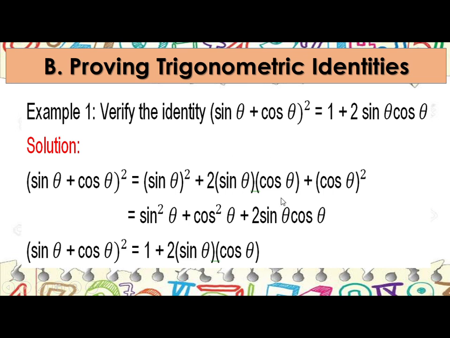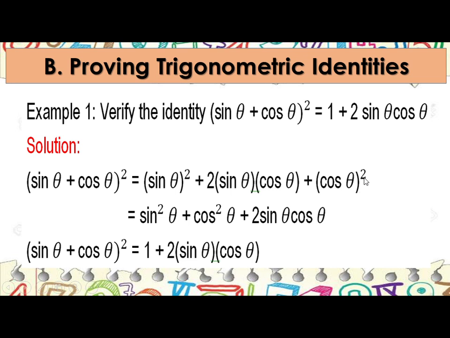For the middle term, multiply the first and second, and always multiply by 2 since the exponent is 2: 2 times sine theta times cosine theta. And for the last term, square the second term, which is cosine theta: cosine squared theta.